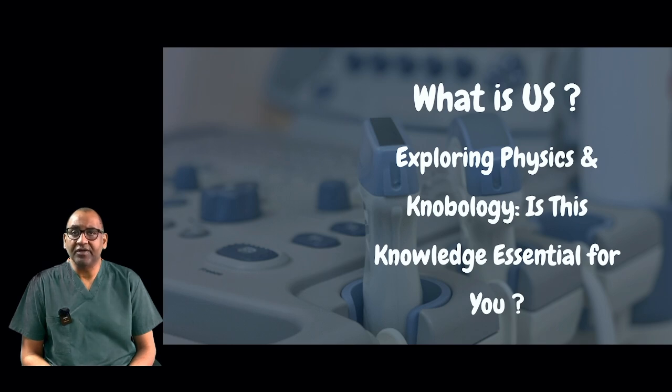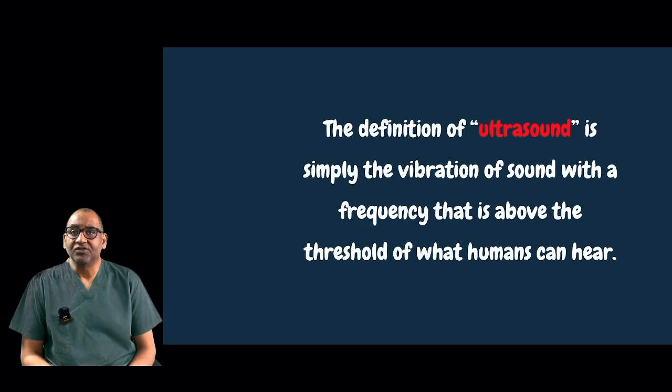To do that, we'll be talking briefly about physics, and I promise you that I won't be talking about lots of equations. So what is ultrasound? Ultrasound is simply the vibration of sounds with frequency that is above the threshold of what humans can hear.